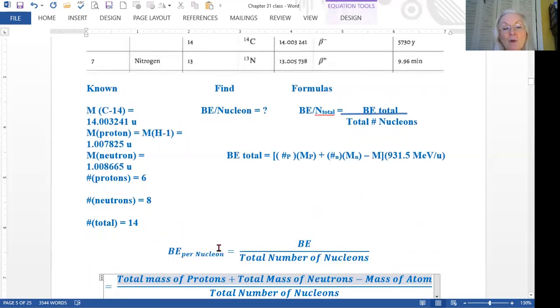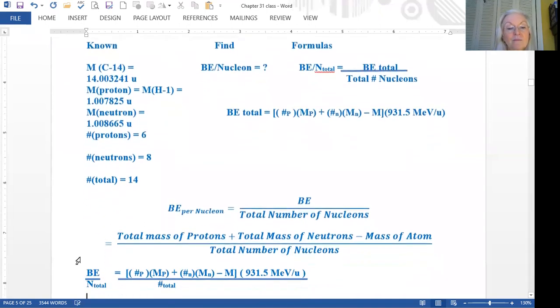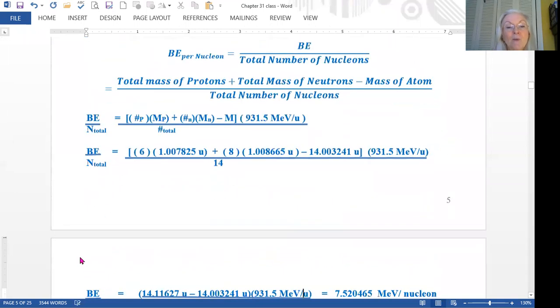So the binding energy per nucleon is the binding energy divided by the total number of nucleons. And the binding energy is the total mass of protons plus the total mass of neutrons minus the mass of the atom, divided by the total number of nucleons. So if we put all that in symbols instead of words, the number of protons times the mass of one proton plus the number of neutrons times the mass of one neutron minus the mass of the nucleus, times 931.5, divided by the total number of nucleons.